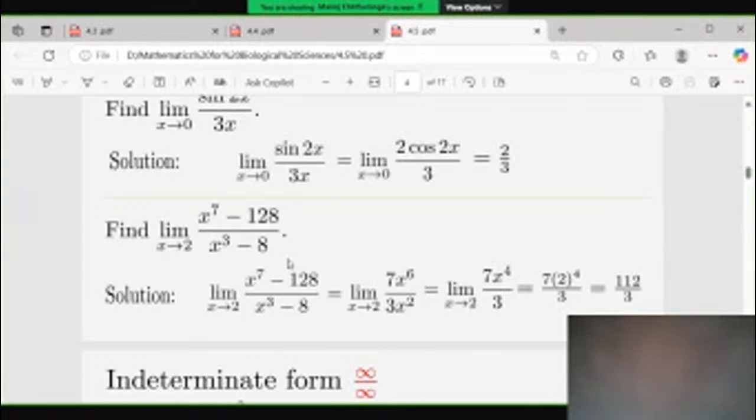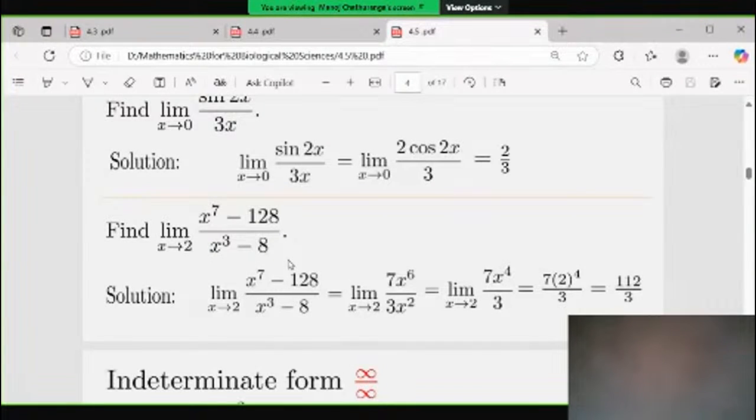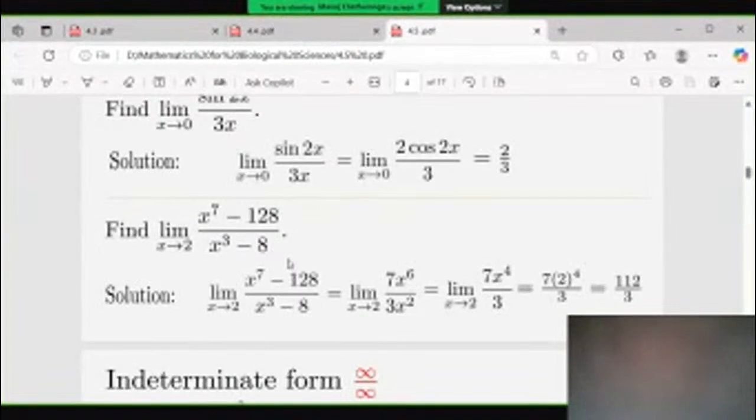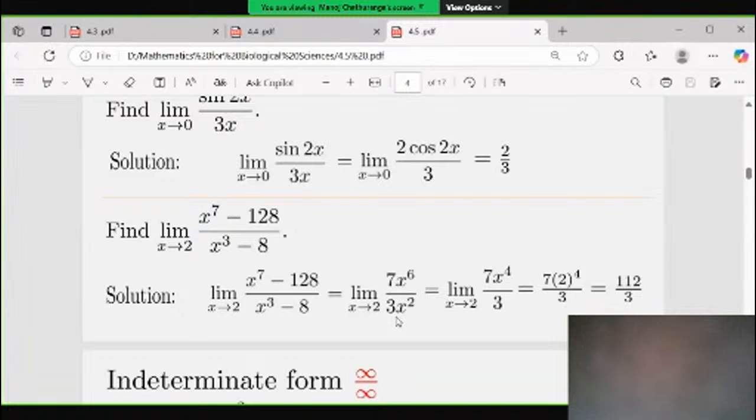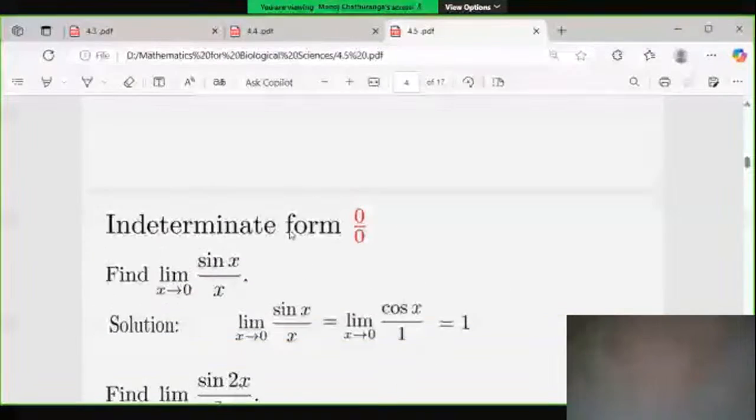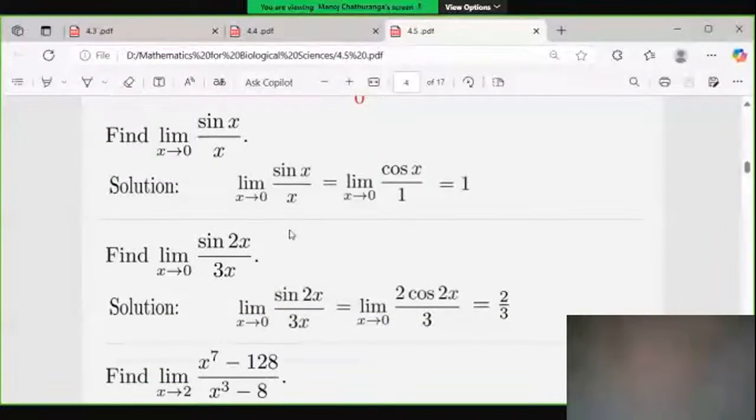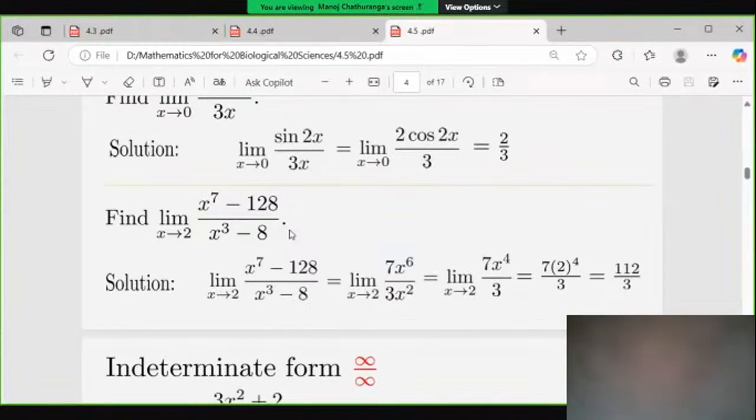It will be messy and it will take some time. So it is computationally a little bit costly. So you see, we can compute indeterminate forms using L'Hopital's rule very easily.